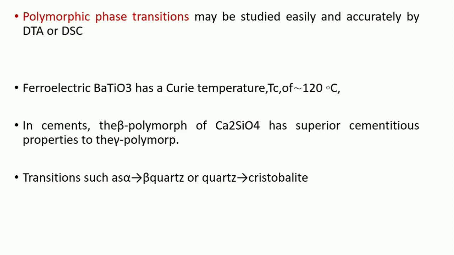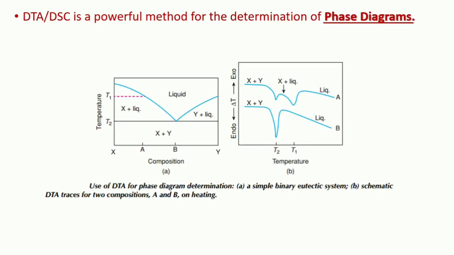In refractories, transitions such as alpha to beta quartz or quartz to cristobalite have deleterious effects on silica refractories because the volume change associated with each transition reduces the mechanical strength of the refractory. These transitions, which should be prevented from occurring if possible, may be monitored by DTA.